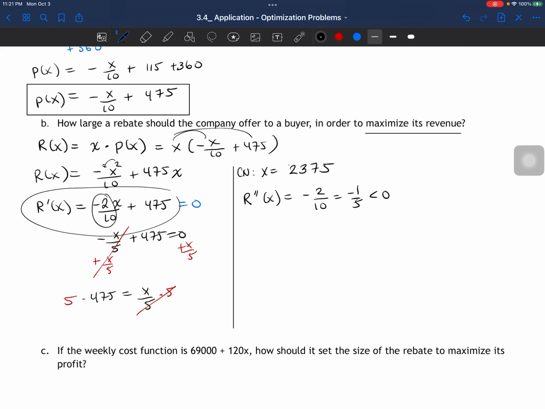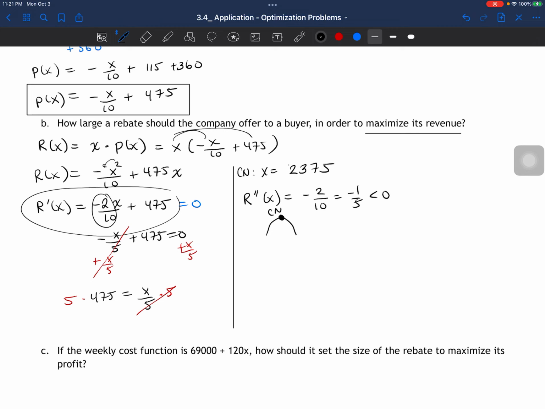But anyways, this is less than 0. That's negative. And that means that negative second derivative means concave down. So what does that mean? Our critical number is a concave down, it's a max. So we're good so far.